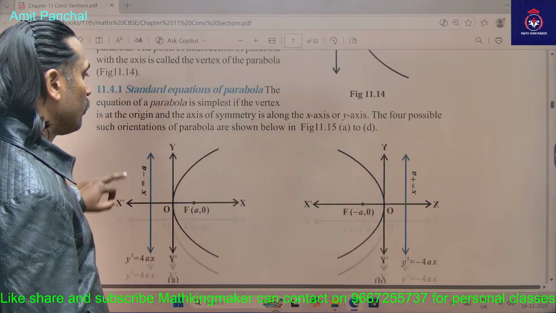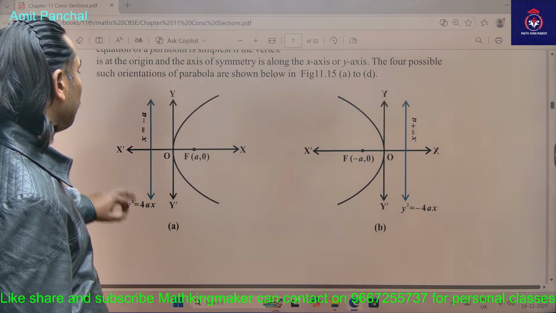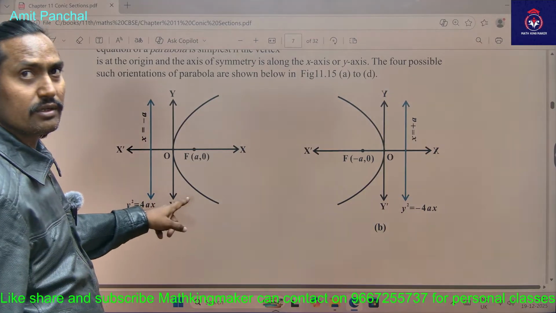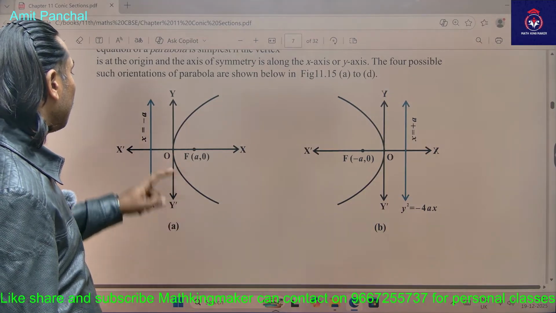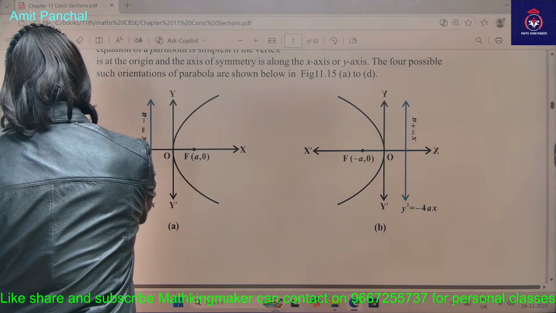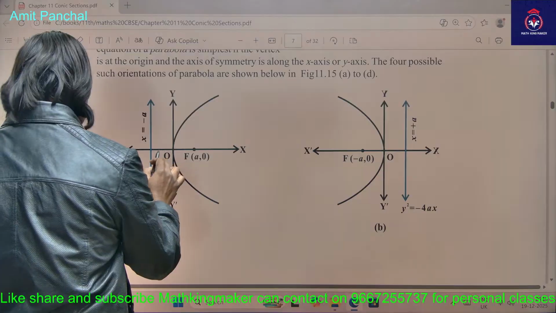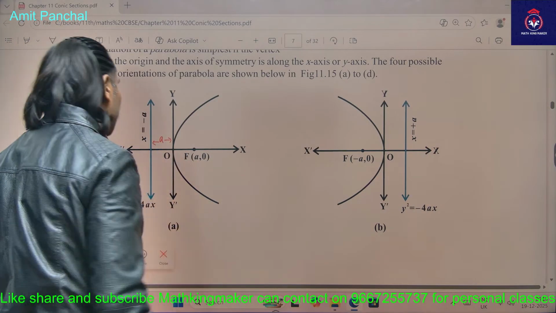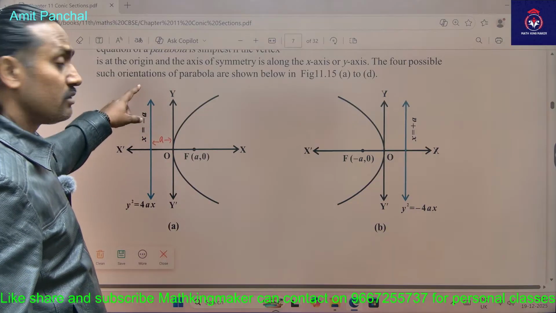Now the standard form of parabola we have already learned. This is your y square is equal to 4ax. Its vertex is 0, 0 and this will be its directrix. So what will be the equation of the directrix? This is a straight line.